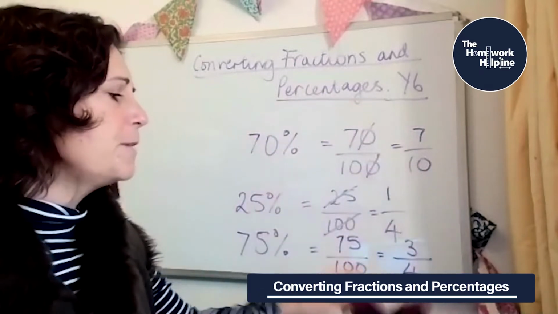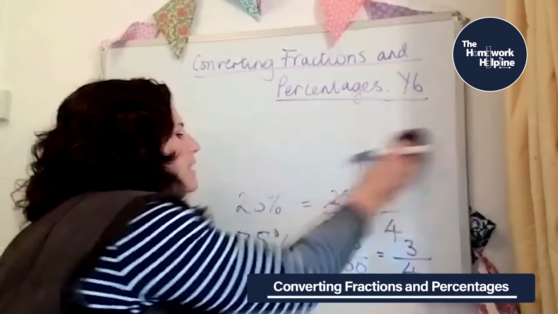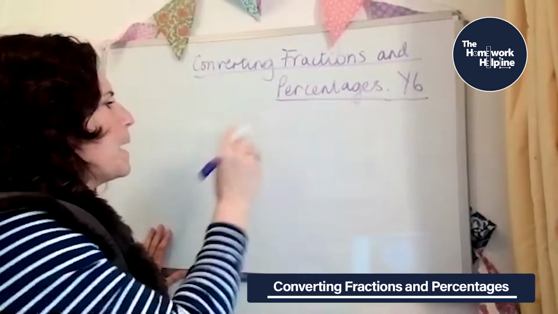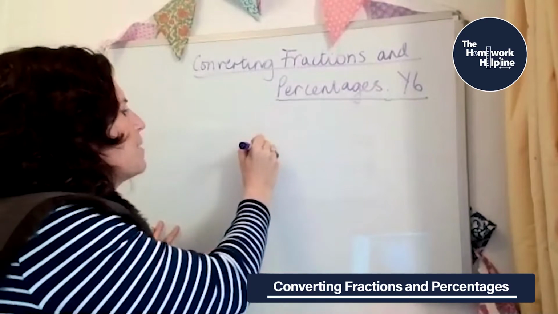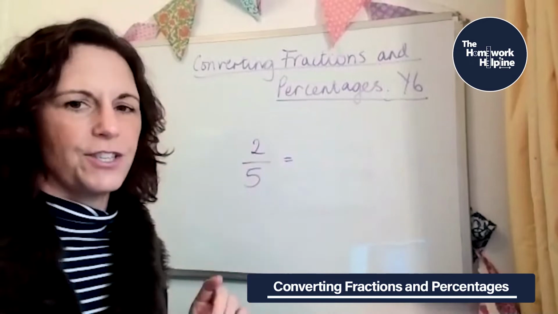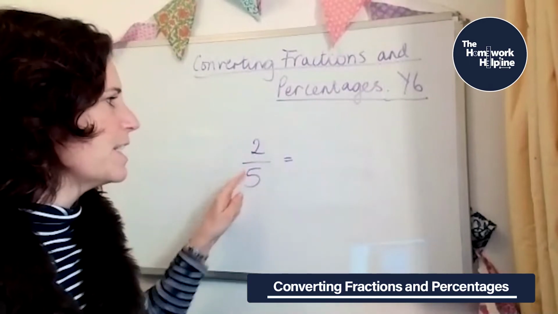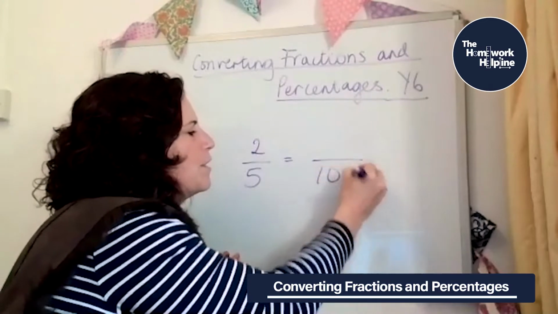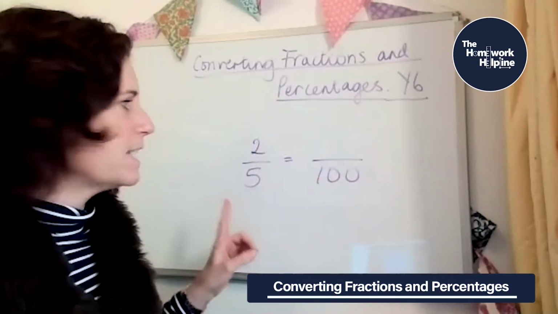Now, flipping it round is pretty similar, but slightly different. For example, if I have 2/5 and I want to turn it into a percentage, I need to turn that fraction into a fraction out of 100 first.